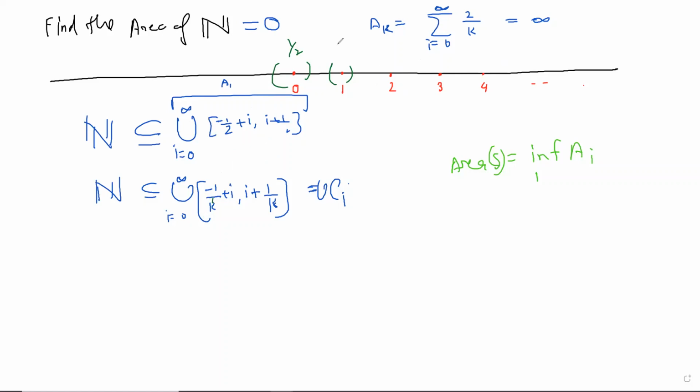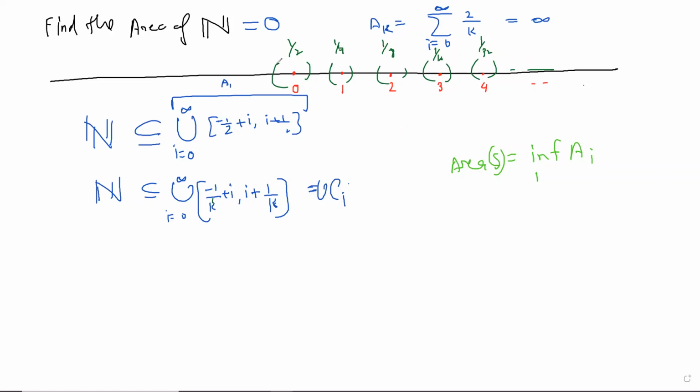But the point is that you take these covers: 1 by 8, 1 by 16, 1 by 32, and so on. Now what have you done? You have found a cover.